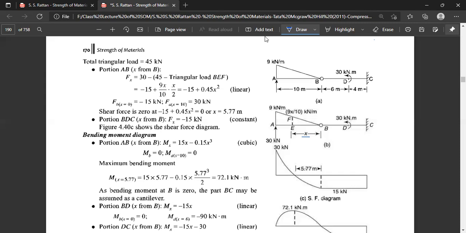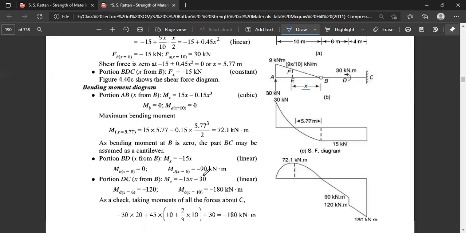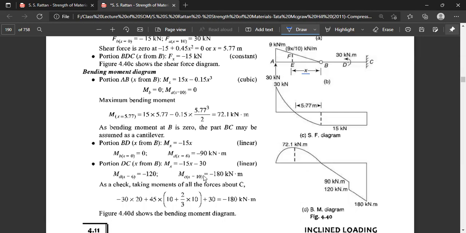For the portion DC, Mx is equal to minus 15x minus 30.